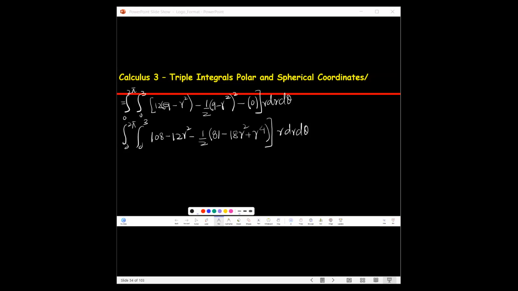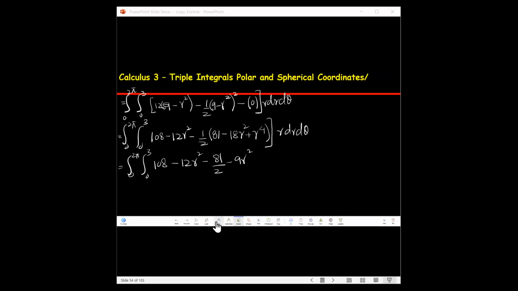Let's see if I can simplify this further. So 108 minus 12 r squared minus 81 divided by 2, and then 18 divided by 2 is going to be 9 r squared, plus maybe minus, right?